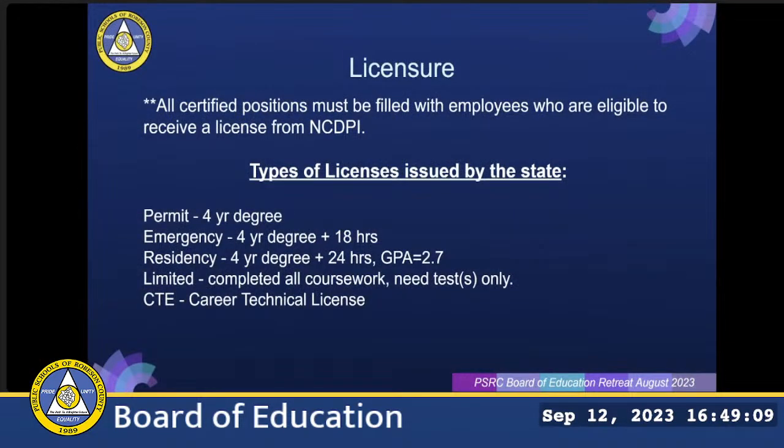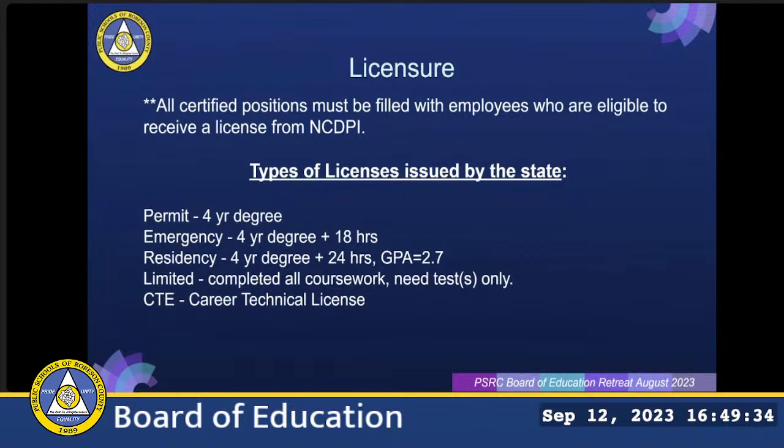I wanted to bring to your attention the types of license that an employee can get. A permit, which anyone with a 4-year degree can get to teach. An emergency license is a 4-year degree plus 18 content hours in the area of the license.